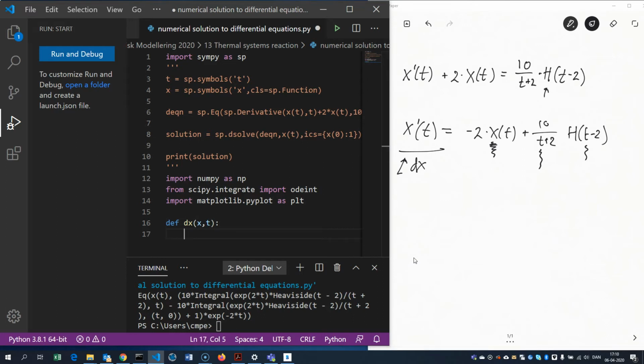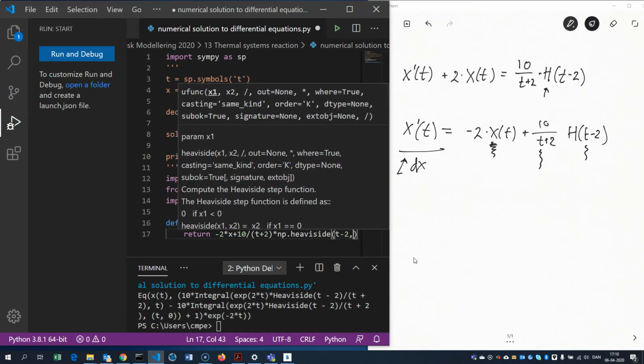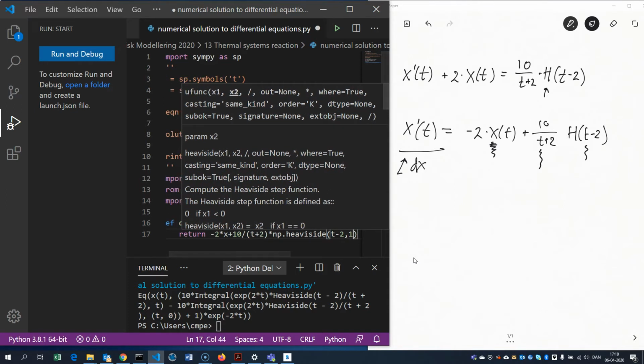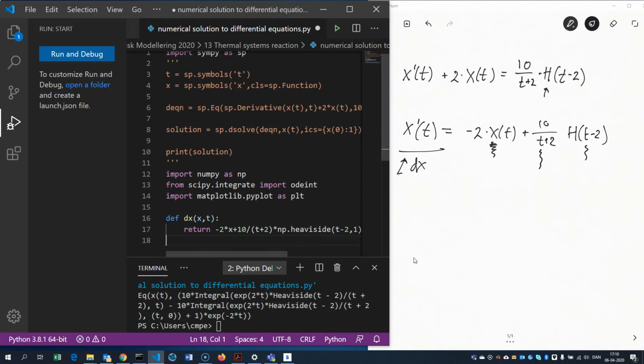And what this function should return is then minus 2 times x plus 10 divided by t plus 2 times np.heaviside. Notice it's the NumPy version of Heaviside that I'm using now. t minus 2, and then I need to specify another parameter. I'll choose 1.